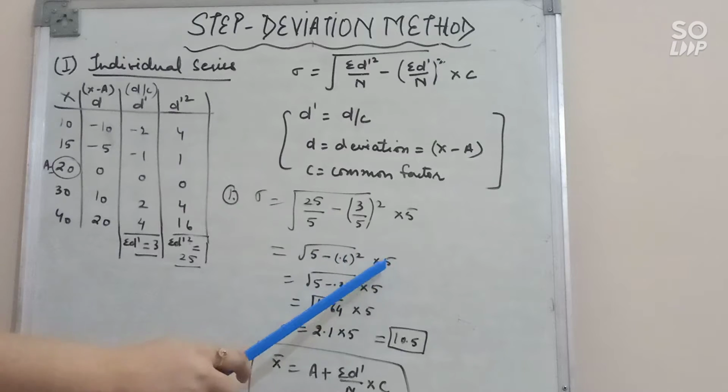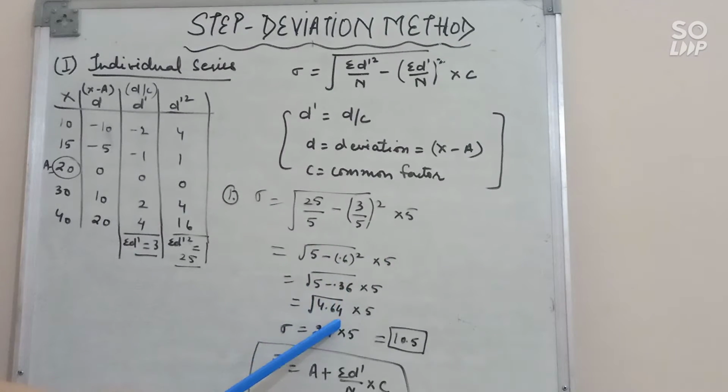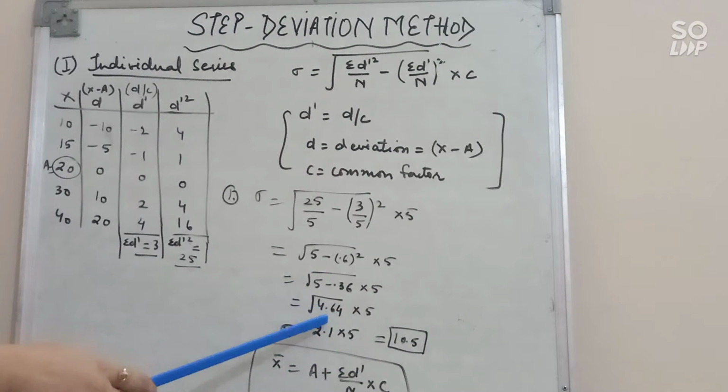Under root, into 5. When we deduct 0.36 from 5, we have 4.64, root, into 5. Now the root of 4.64 is 2 point something, about 2.1. So 2.1 into 5 gives 10.5. In this way we can find the standard deviation.